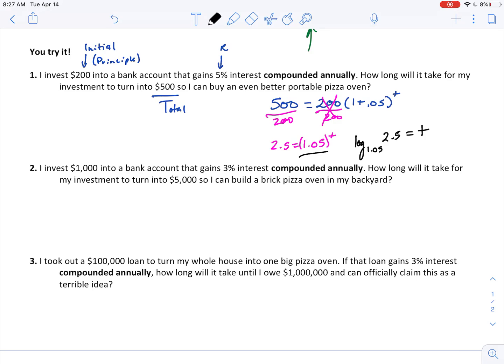And then if I go to Wolfram Alpha and type in the sentence log base 1.05 of 2.5, and that's just in words, and then I hit enter or equals, depending on if you're doing this on your phone or computer, then t will be 18.78 years.